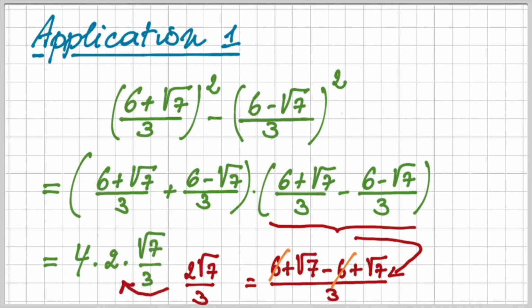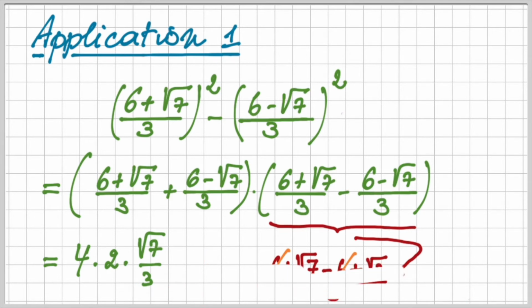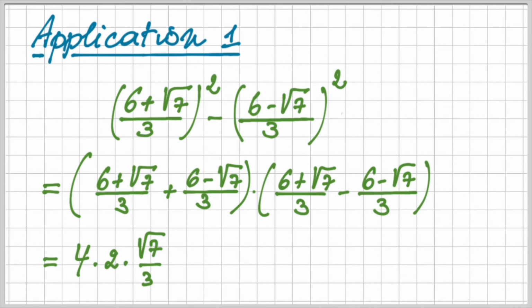We replace the expression and bring it into the formula, and we see that the formula is now very simple, because we have 4 times 2 times square root of 7 divided by 3, and the result is 8 times square root of 7 divided by 3.